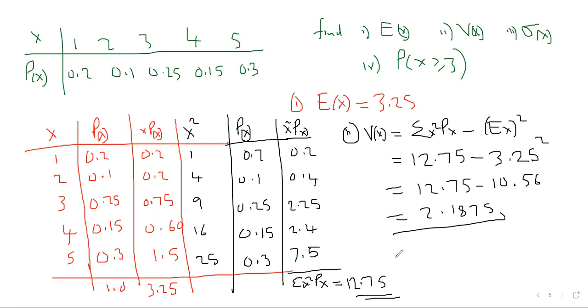Then how do we find our standard deviation? Square root the variance. Good. So what answer do we get when you square root the variance here?